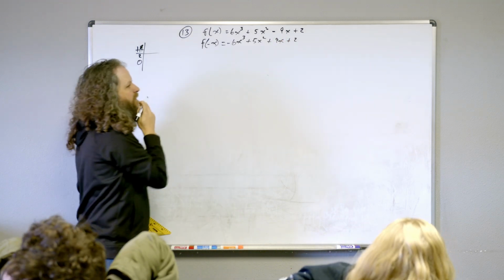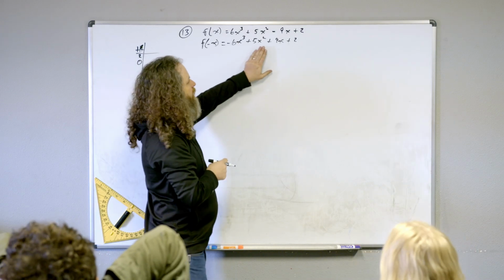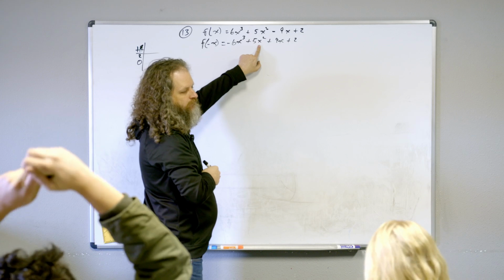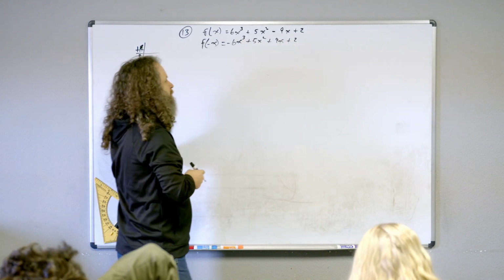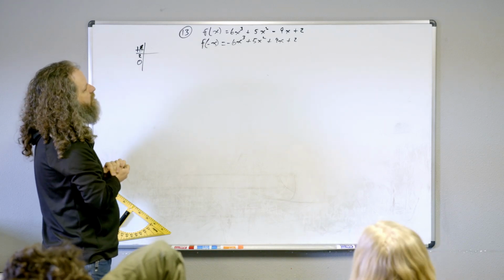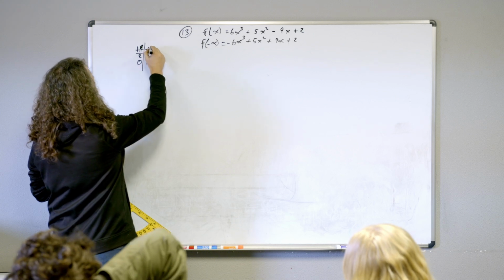How many changes? How do you know which ones to change? It's always the odd exponents, because if you put a negative in there, it's going to turn out positive. So it's always the ones with an odd exponent. Oh, okay, gotcha. How many changes? One. Handy. We like ones.